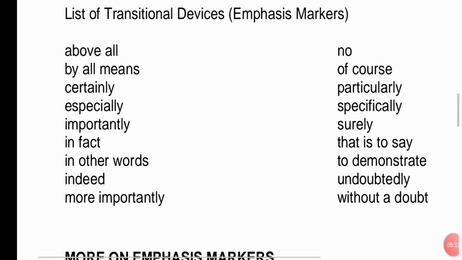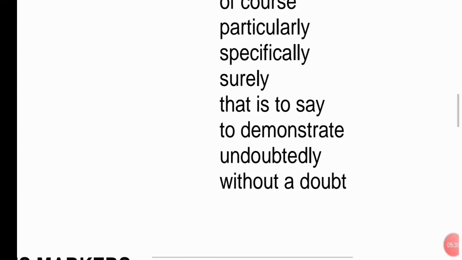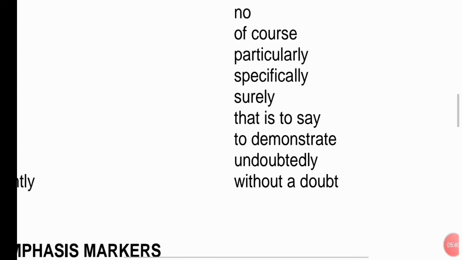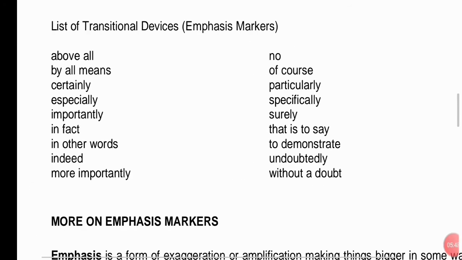So there is no doubt. Just like in the last example, without a doubt, undoubtedly, meaning to say 100% sure. So we will be using these words so that we can convince our readers that what we are saying or stating are all facts.